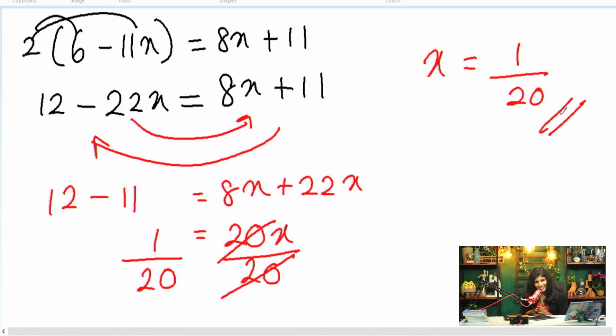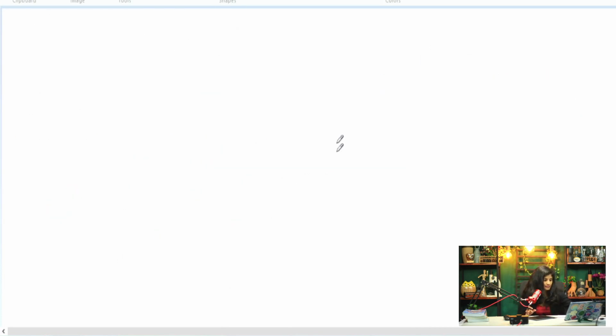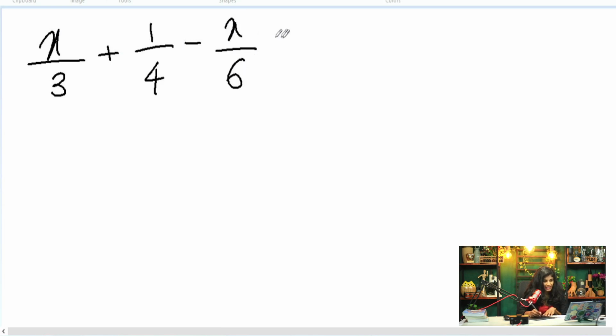So this is the last question we are going to discuss under this topic. That is x over 3 plus 1 over 4 minus x over 6 equals 7 over 12. Now what I want to do is, I have 3 numbers on the left hand side and only 1 number on the right hand side. So I have to make a common denominator for the left hand side first.